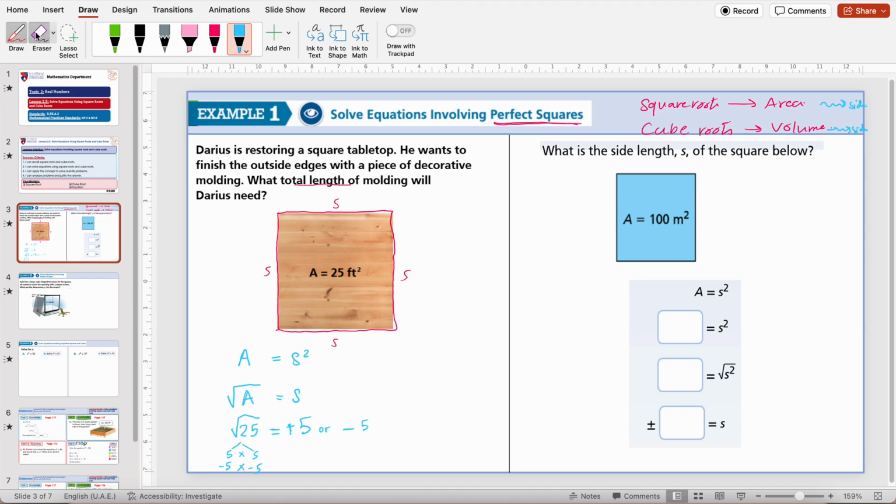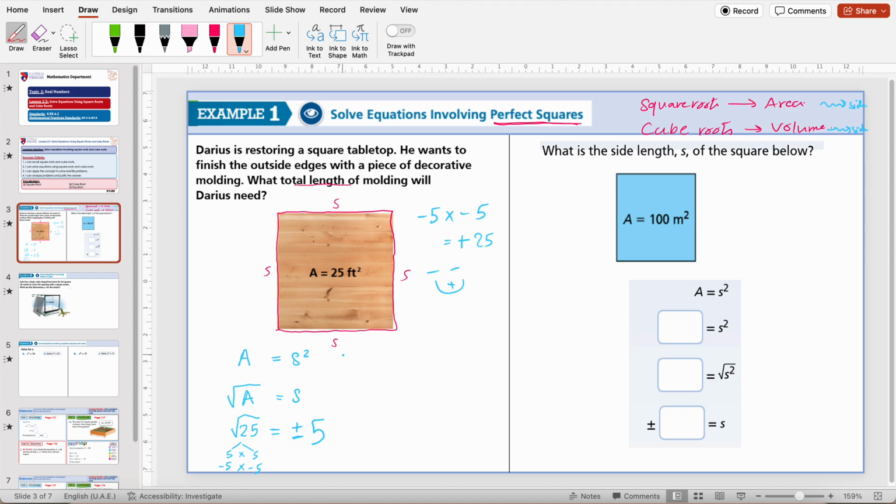In math, we write it as plus or minus 5. This sign means positive or negative 5, okay? So it can be 5 times 5, both positive, which gives me 25, and negative 5 times negative 5, which also gives me 25. We know from before, following the smiley faces rule, that multiplying two negative numbers gives a positive answer. 5 times 5 is 25, okay?